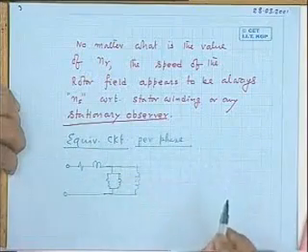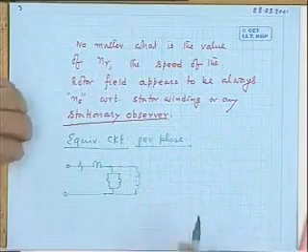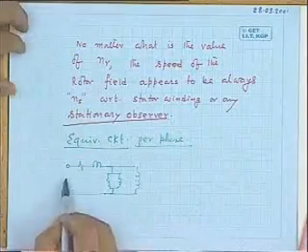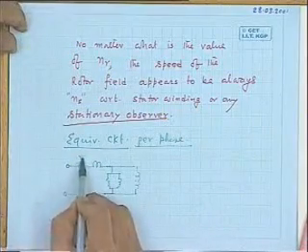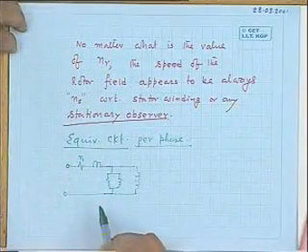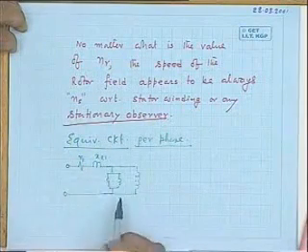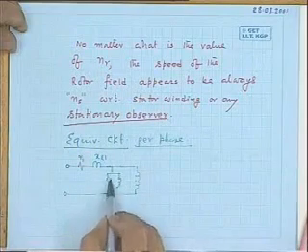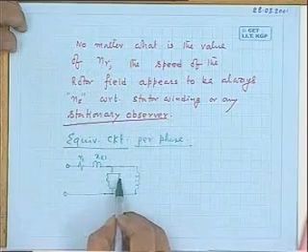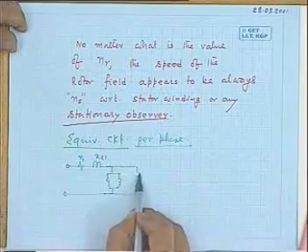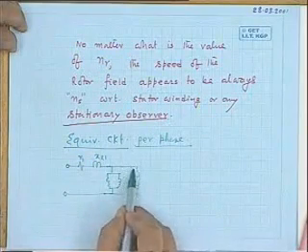I will explain each one of them, but let me first correlate this. With respect to the stator, there will be the stator resistance per phase, the stator leakage reactance per phase, XL1, and a resistance representing the core loss and the magnetizing current. And this is the ideal stator winding.